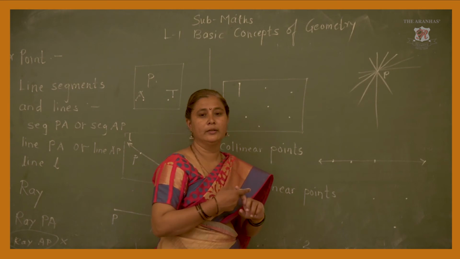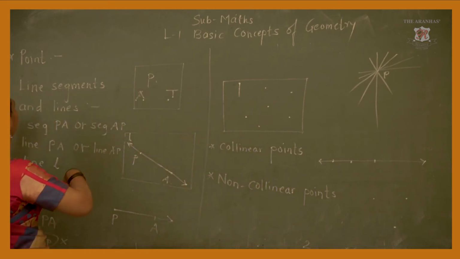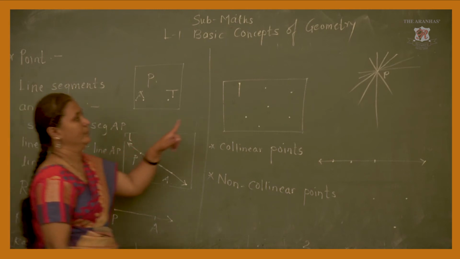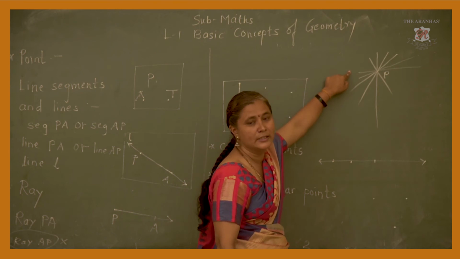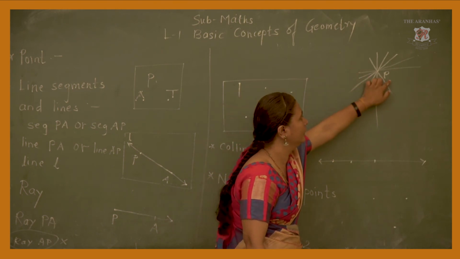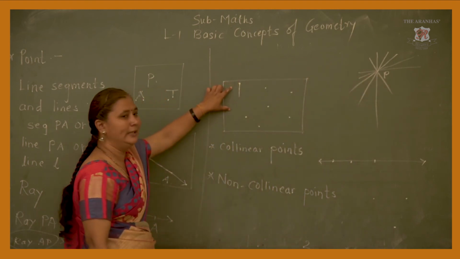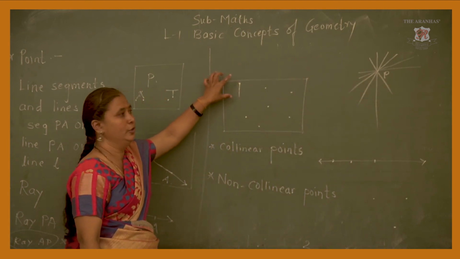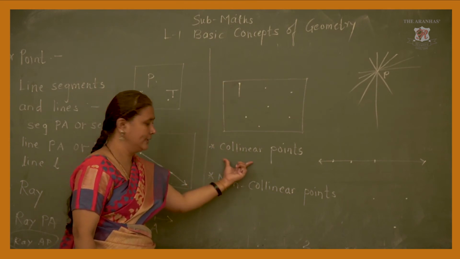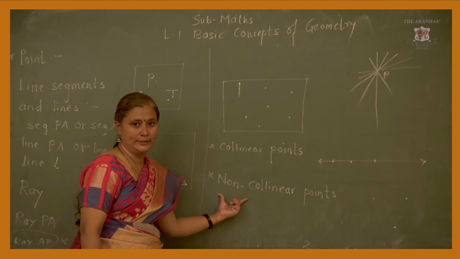Understood what we learned? We learned about point, line segments and lines, ray, how many lines we can draw from a single point, point of concurrence, how many lines we can draw using two distinct points, collinear points and non-collinear points.